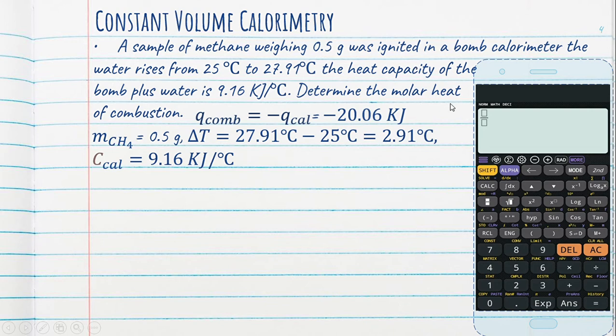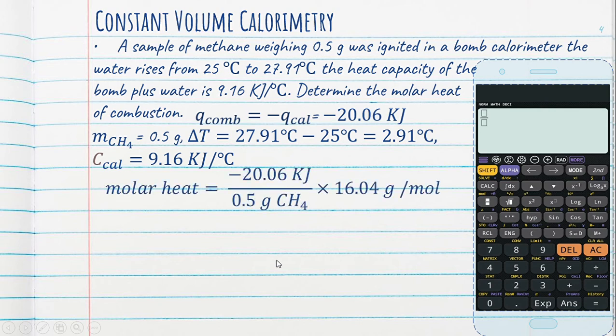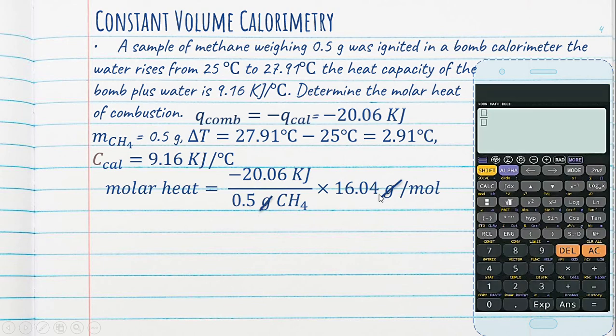Now we will get the molar heat of combustion, this. So molar heat is equal to this over the mass of the sample multiplied by the molar mass. Cancel grams, and solve it in the scientific calculator.